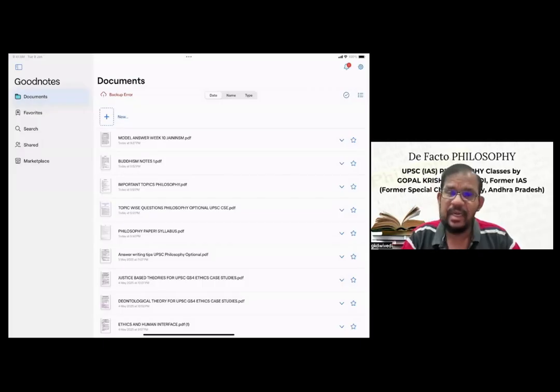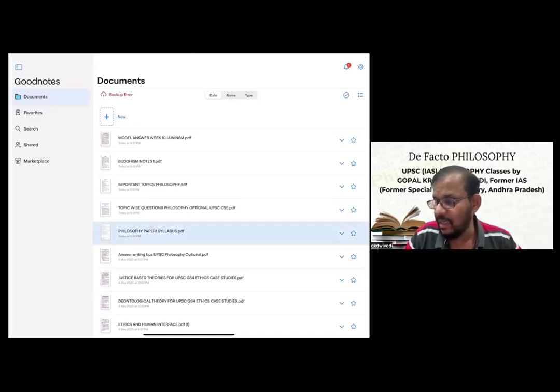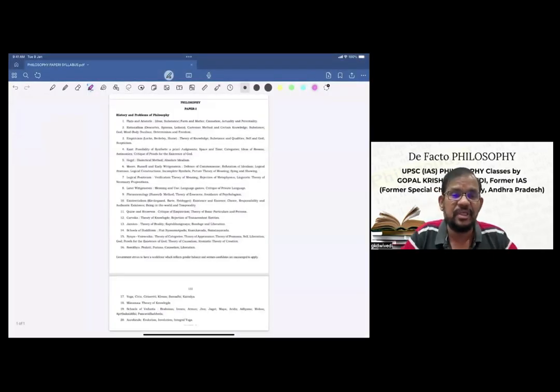But before that, as I keep on telling in every lecture, unless we keep our syllabus in mind and previous years' questions in mind, our study will not be focused. So now let us see what is the philosophy paper syllabus and what is mentioned for Buddhism in that.